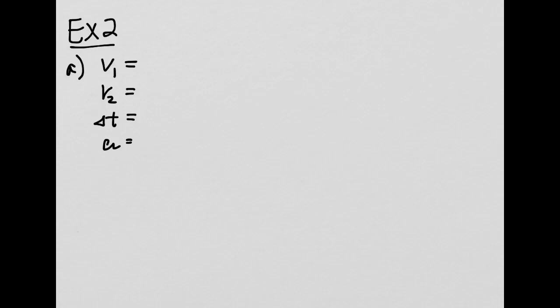So with part A, you've been given a bunch of information, so I want to lay out what all of that is. So it says the initial velocity of the car is 26.9 meters per second, and if the car comes to a stop, the final velocity is 0. The time given is 2.61 seconds, and we are looking for a.